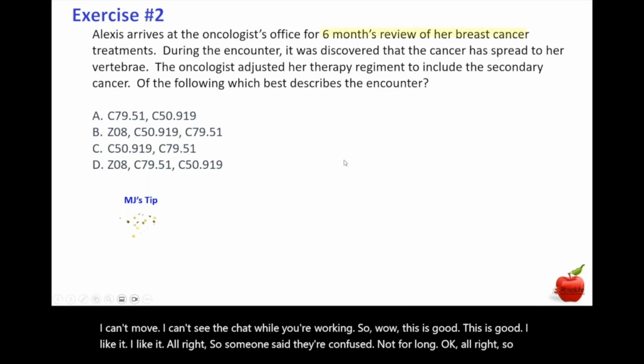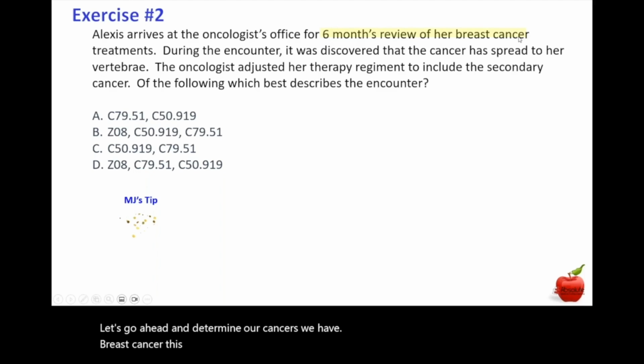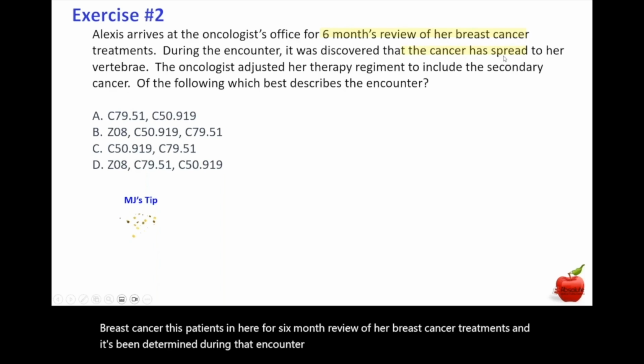So let's go ahead and determine the cancers. We have breast cancer. This patient's in here for a 6-month review of her breast cancer treatments. And it's been determined during that encounter that the cancer has spread to her vertebrae.